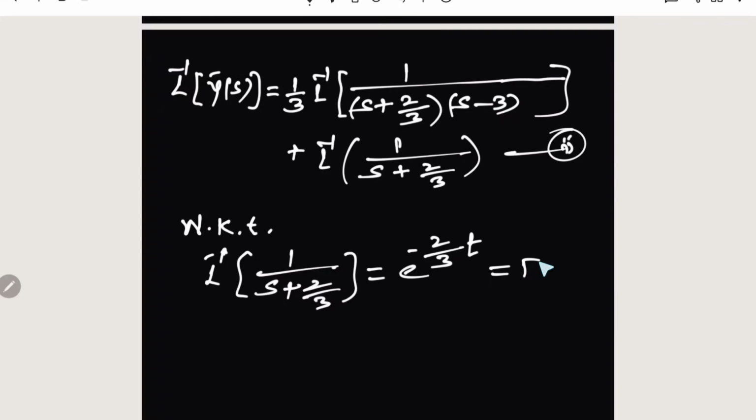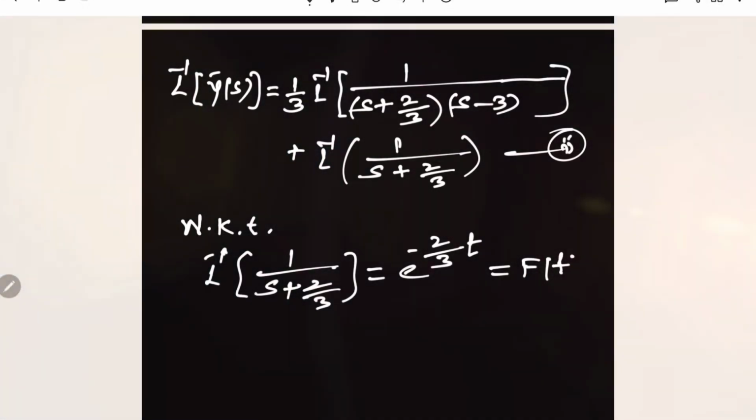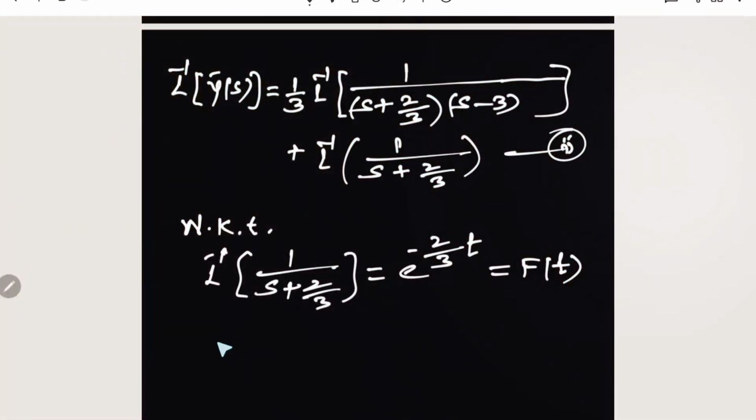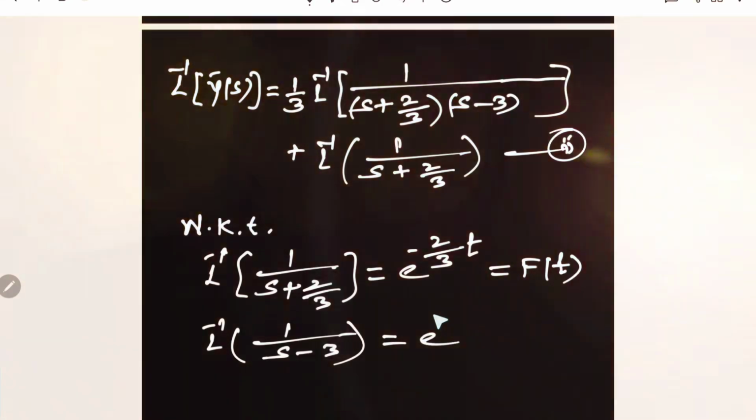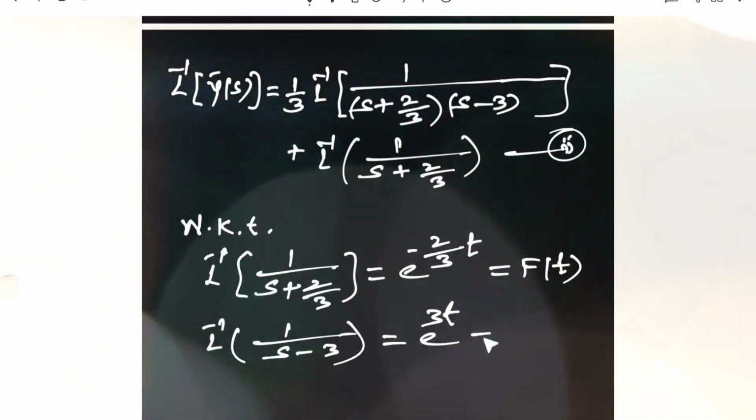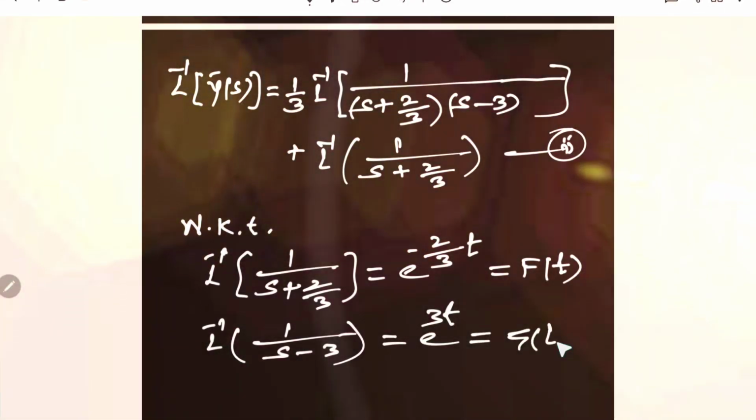We call this f of t, say, and inverse of the second term 1 upon s minus 3 is e raised to 3t. We call this g of t.